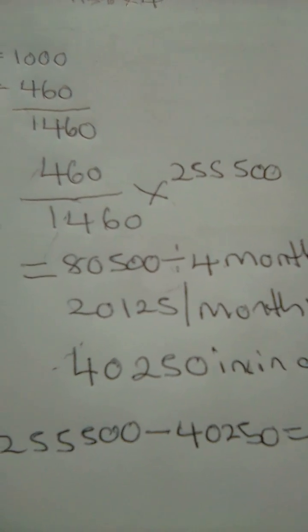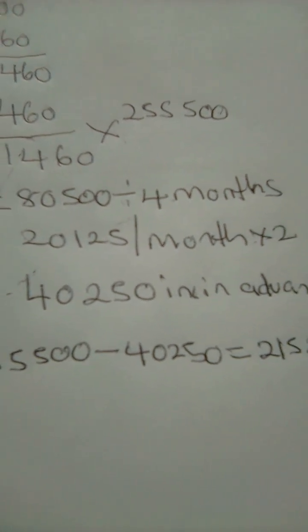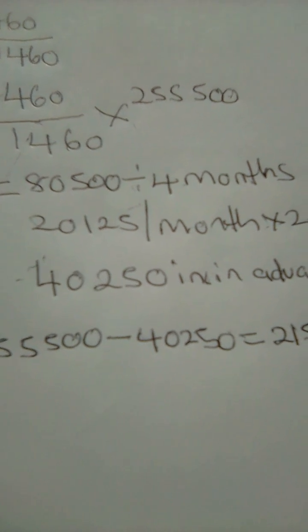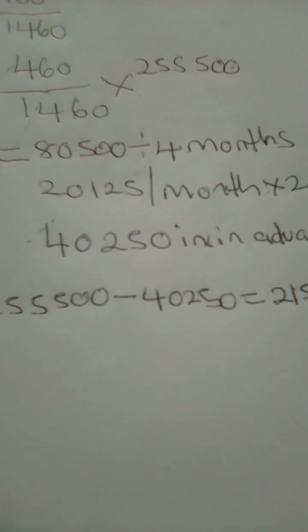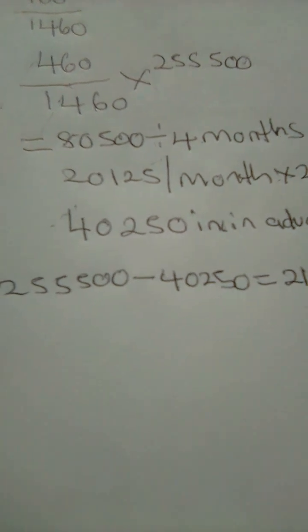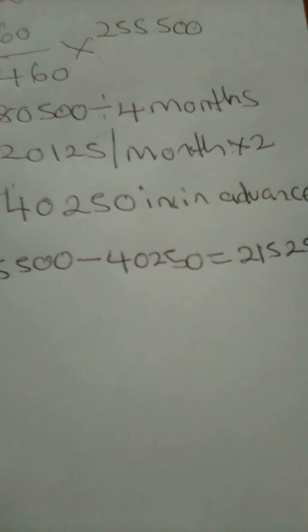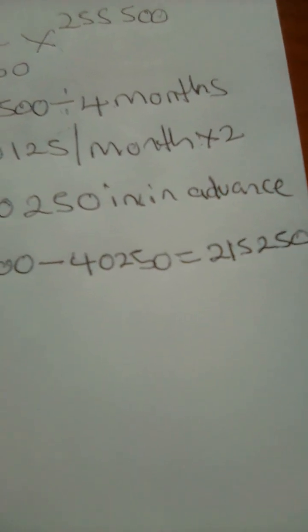We divide by 4 months, and we get 20,125 per month. We multiply by 2 months because there are 2 months in advance, and we get 40,250, which is income received in advance. What do we do with income received in advance? We subtract it. 255,500 minus 40,250, we remain with 215,250. Thank you.